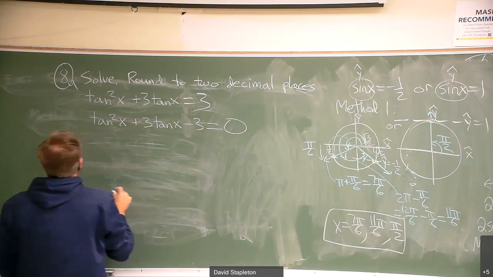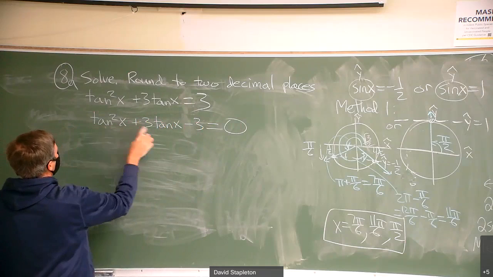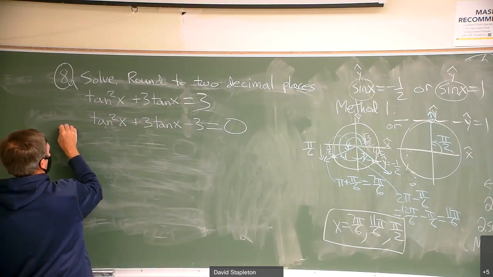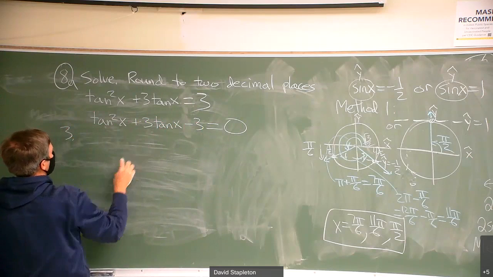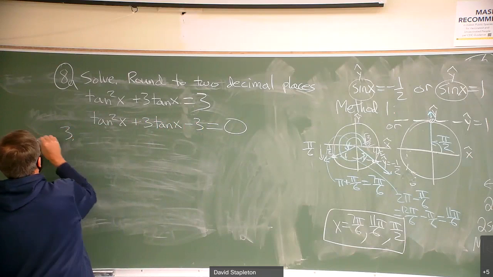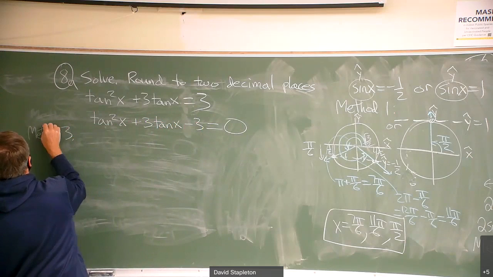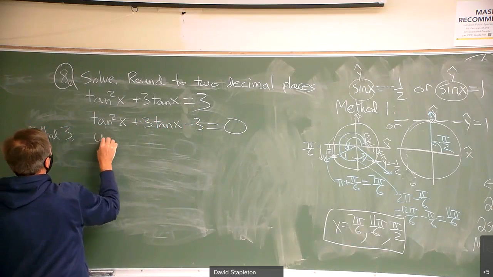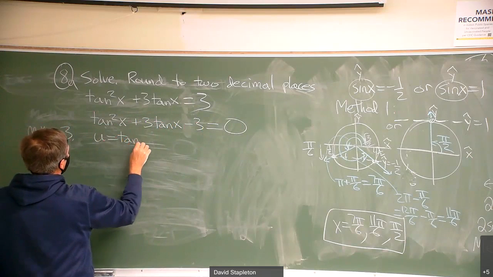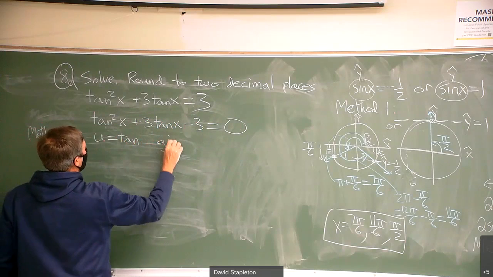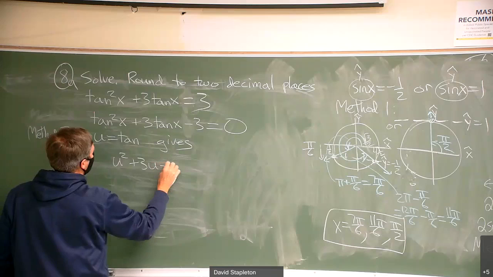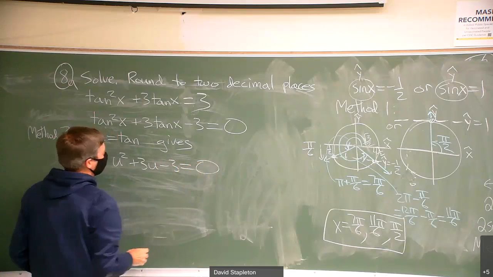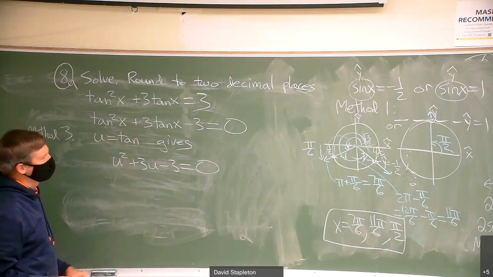And recognize it's a quadratic equation in tangent. So I'll go to method 3 here. It is only one trig function, so we're safe there. In method 3 we let u equal tangent x and observe that this gives us u squared plus 3u minus 3 equals 0. So I didn't need method 4 on this one. It only had one trig function, right?